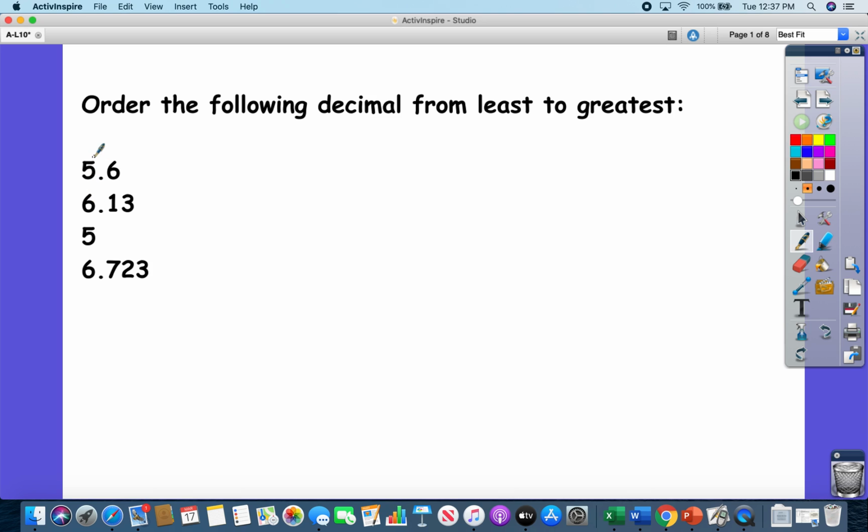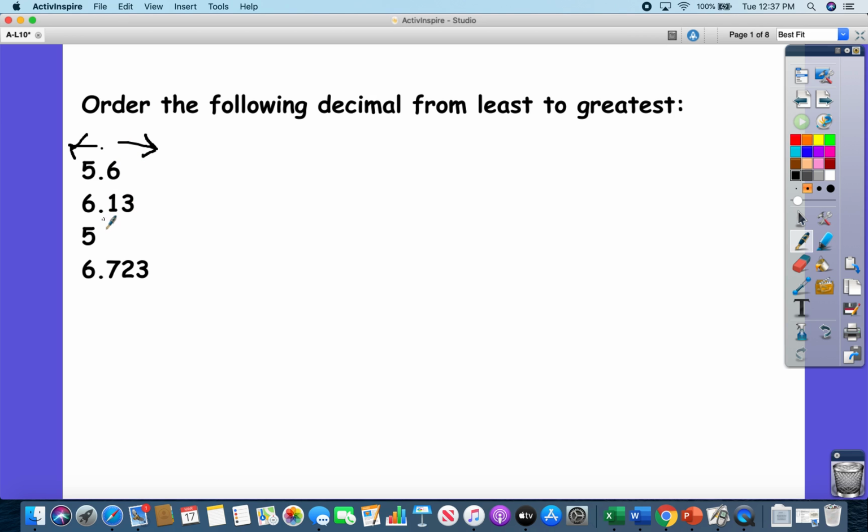So remember, for a decimal, all of the numbers to the left of the decimal point get bigger. All of the numbers to the right get smaller. Remember, these are whole numbers to the left. To the right are decimals, which means they are a fraction. They are a part of a whole.